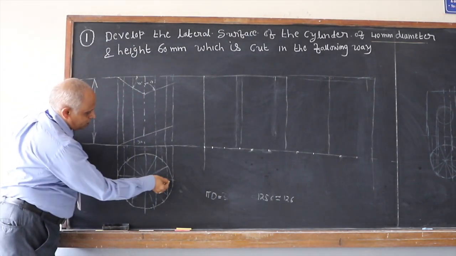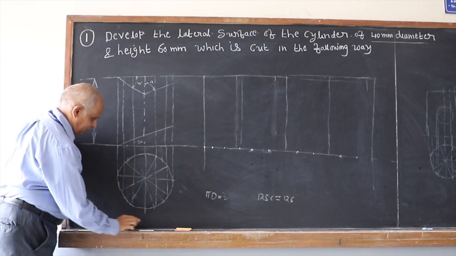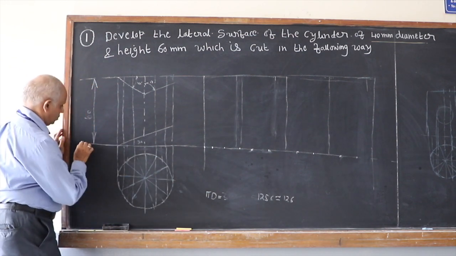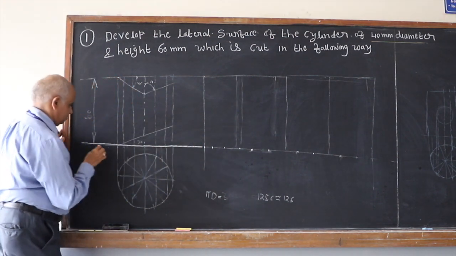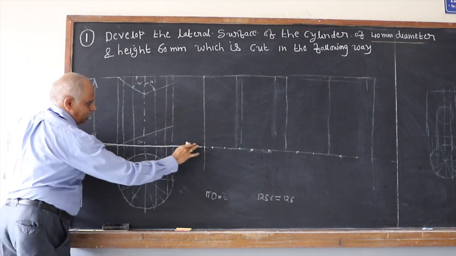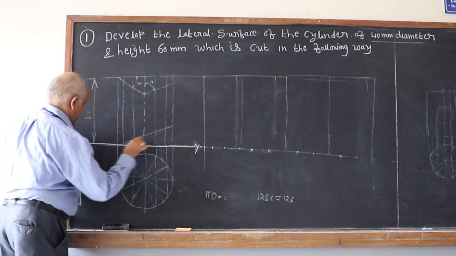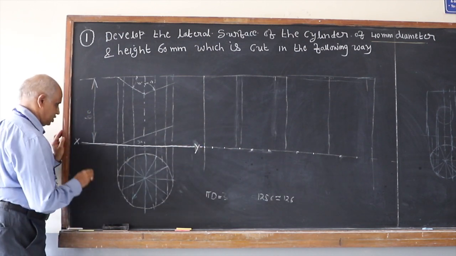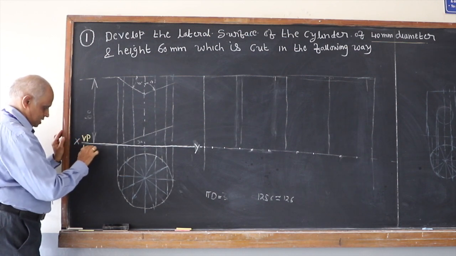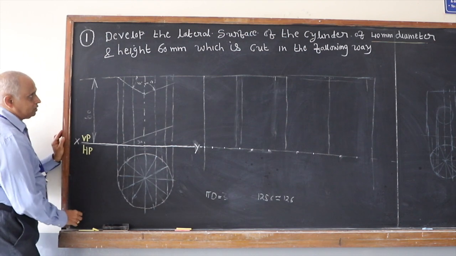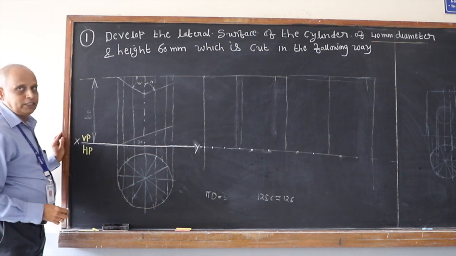So first step, the very basic thing for every problem is to draw XY line as a thin continuous line, mark clearly VP and HP. And now this is a simple case of a cylinder resting on its base.